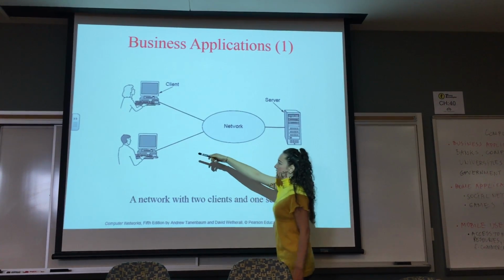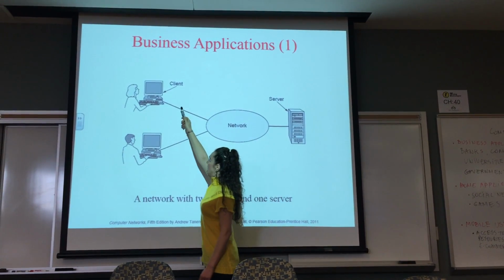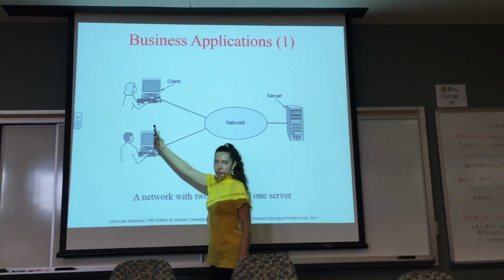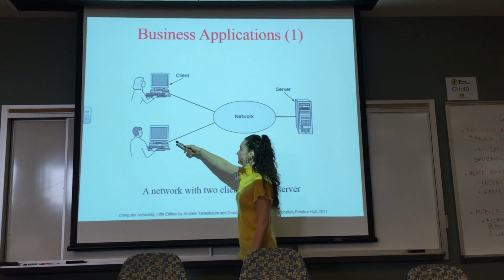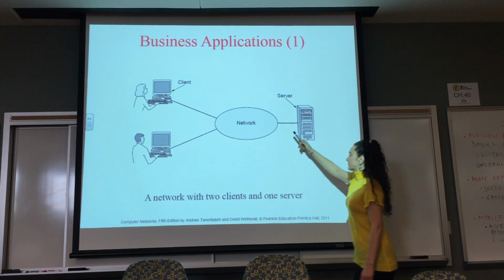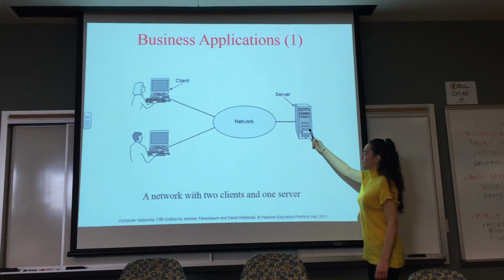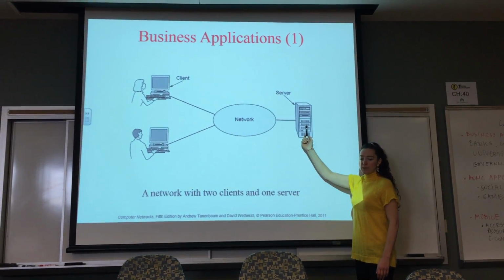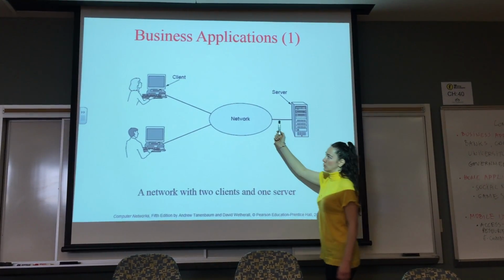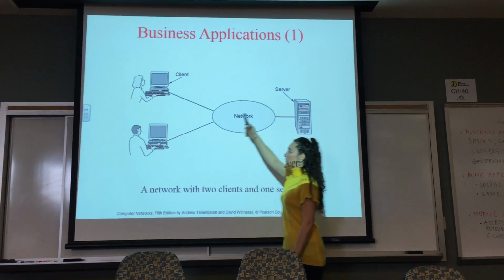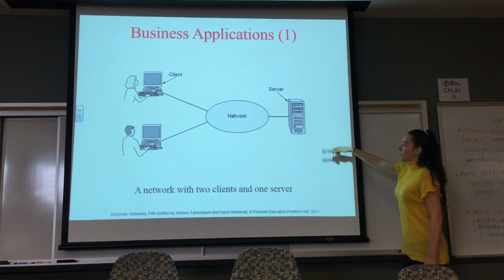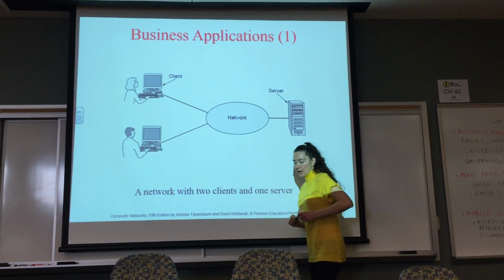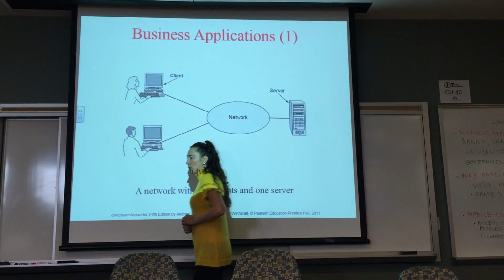So let's say the client is a browser, Google Chrome, or Internet Explorer, or Safari, or another browser. And this server could be a file transfer server, so storing files, or it could be a database server, so the clients can send queries to the database and obtain results. Let's say the database could be storing customer information or inventory information.